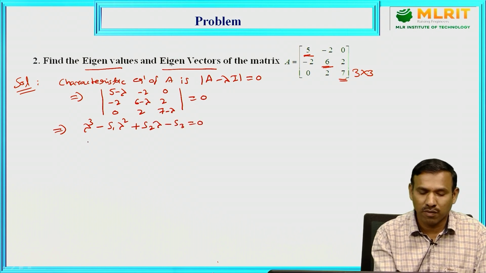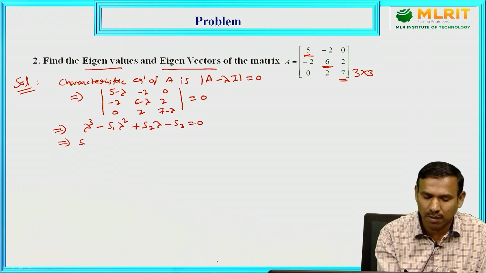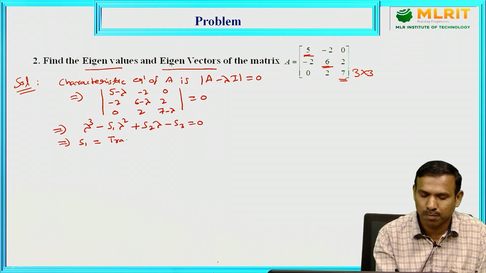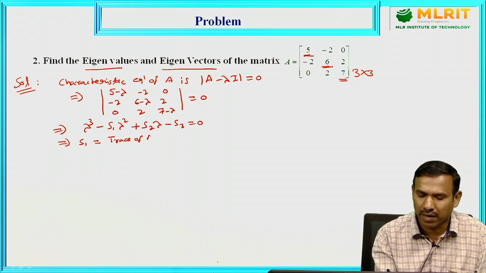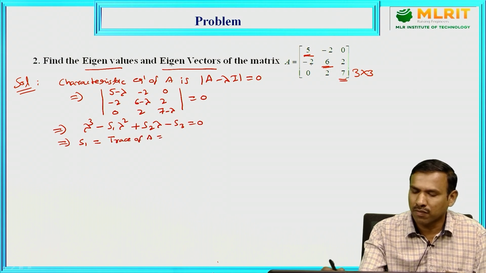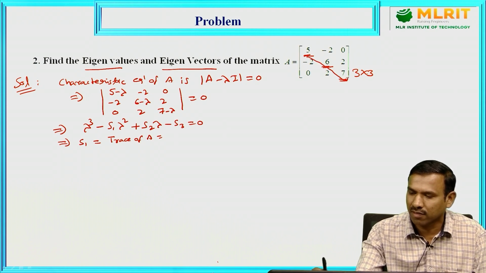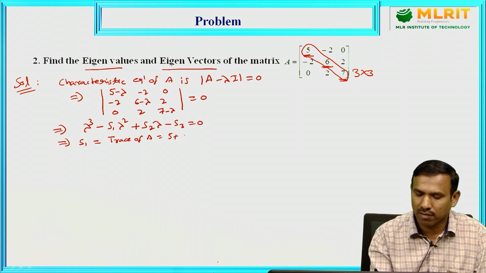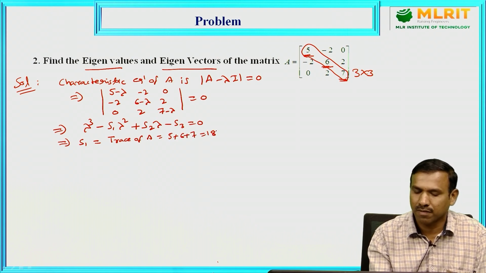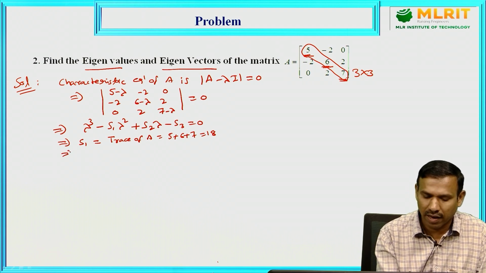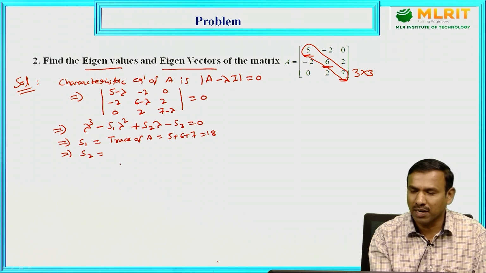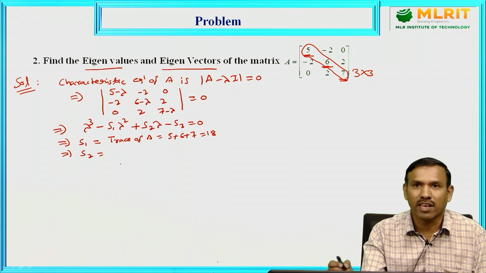We explained clearly what S1, S2 and S3 are. S1 is the trace of the given matrix, the sum of the principal diagonal: 5 plus 6 plus 7, that is 18. So S1 is 18. S2 is the sum of the cofactors of the principal diagonal elements, as we explained in the last problem.